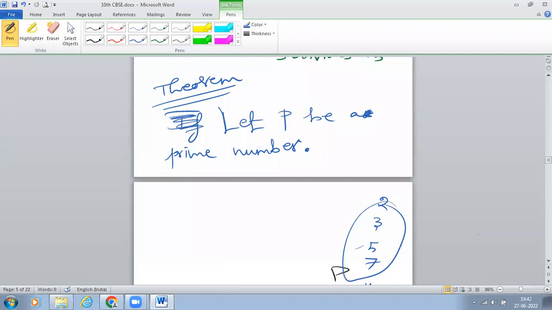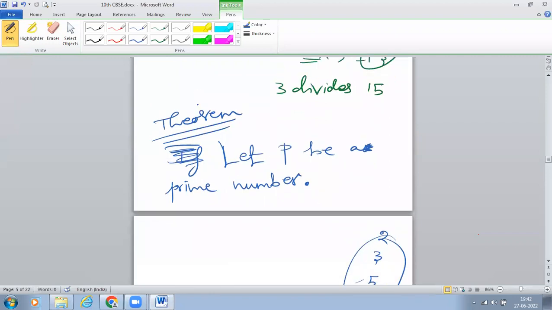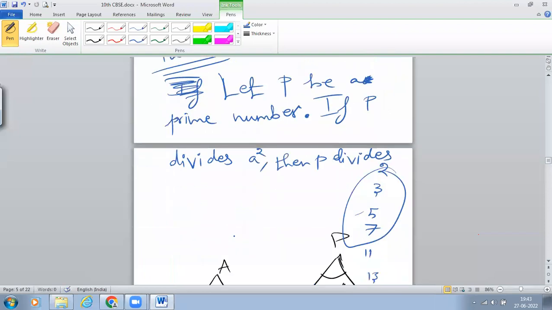So, let P be a prime number. Now, listen, this is very important. If P divides A square, then P divides A. This is the theorem. Full stop.